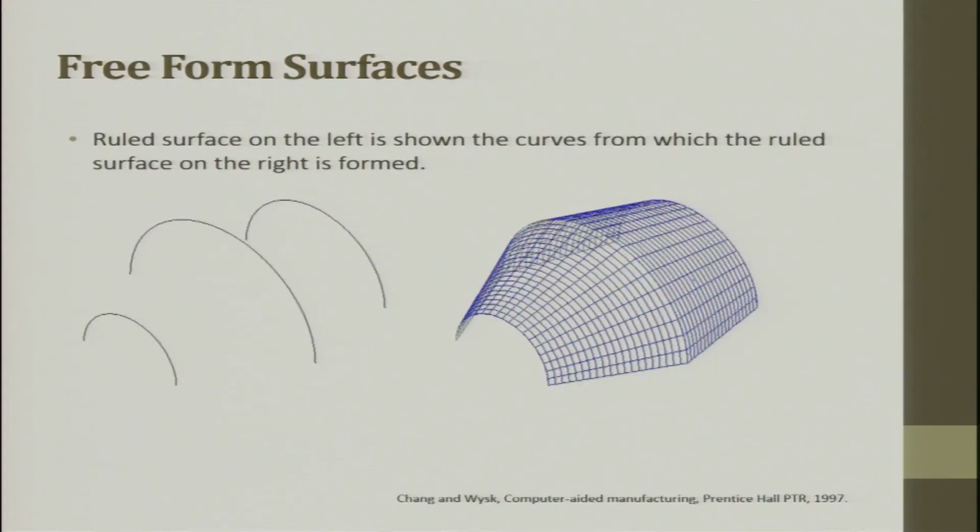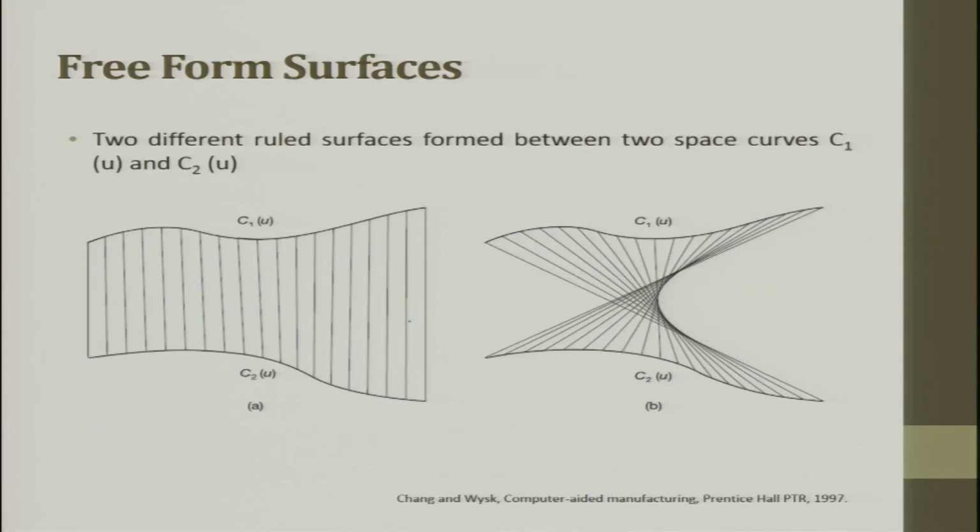This is an example of a ruled surface. On the left are shown the curves from which the ruled surface on the right is formed. So, we have a ruled surface formed between two space curves C1 and C2 with U as a control point or the vector.